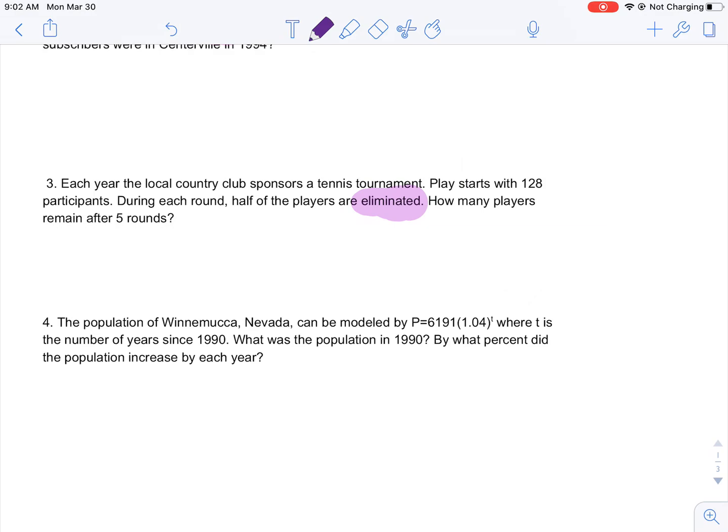And if you think of what a tournament is, you each play each other. Whoever loses is kicked out or goes to the other bracket. And so this is going to be decay. And so the equation we're going to use here is y equals a parenthesis 1 minus r raised to the t power. Okay? And so we just figure out those numbers, plug it in, and get the answer.